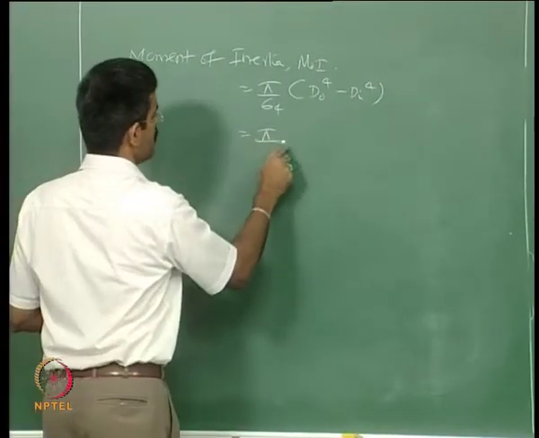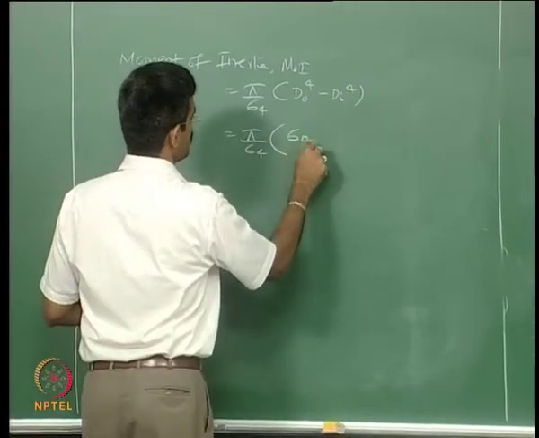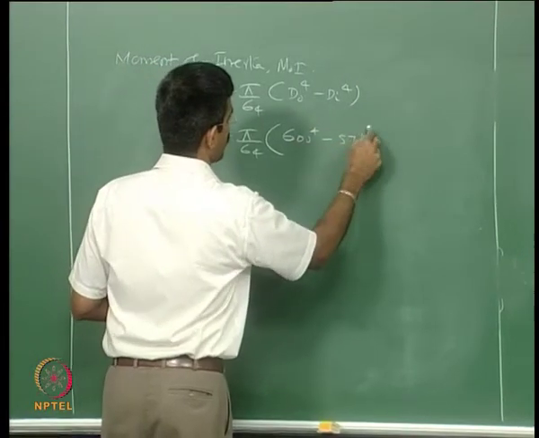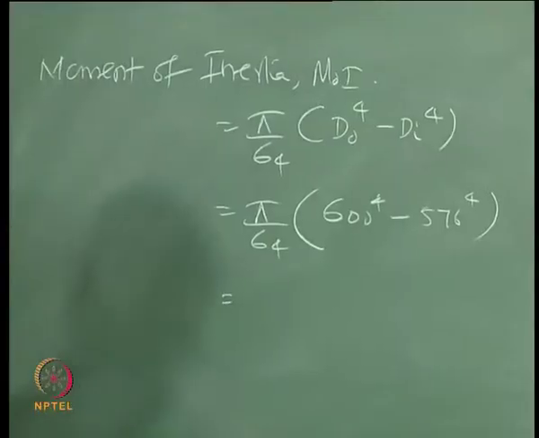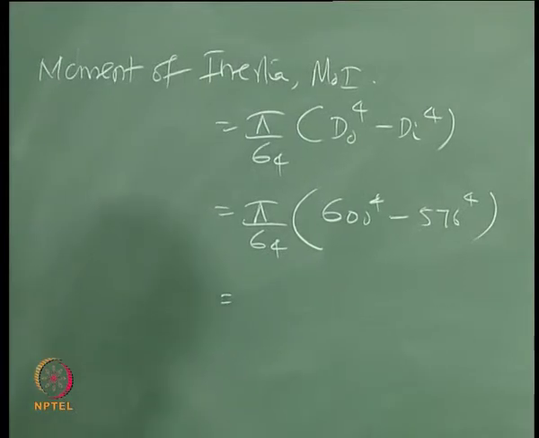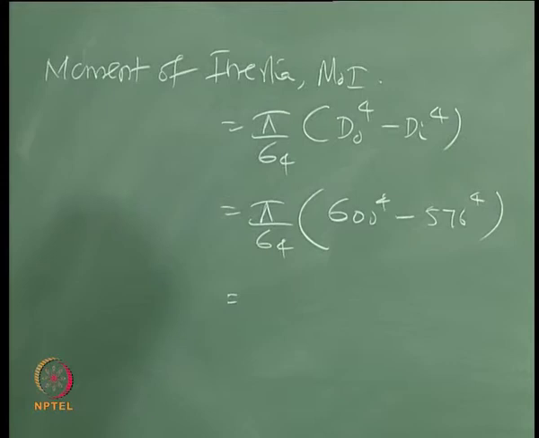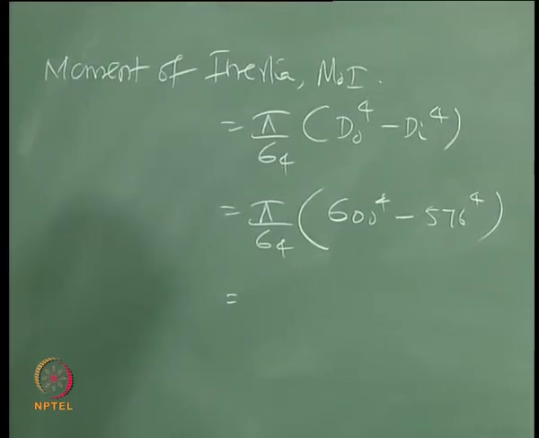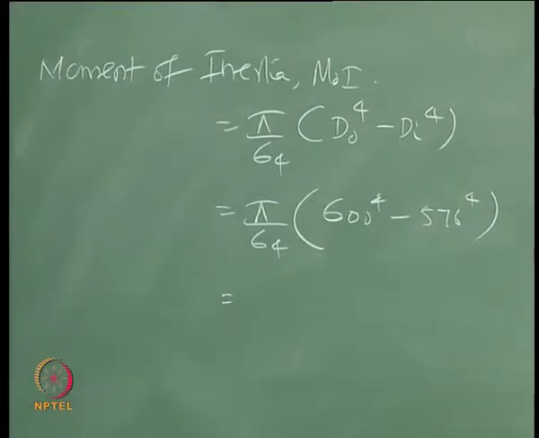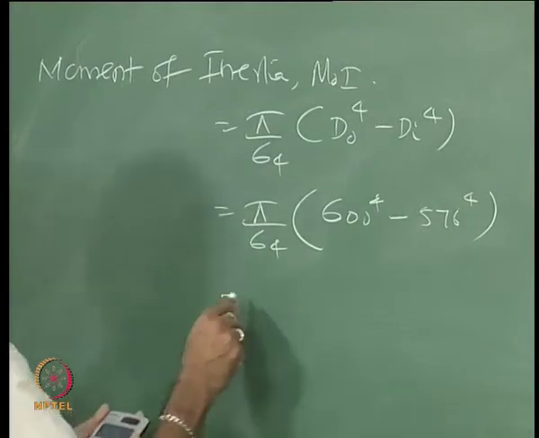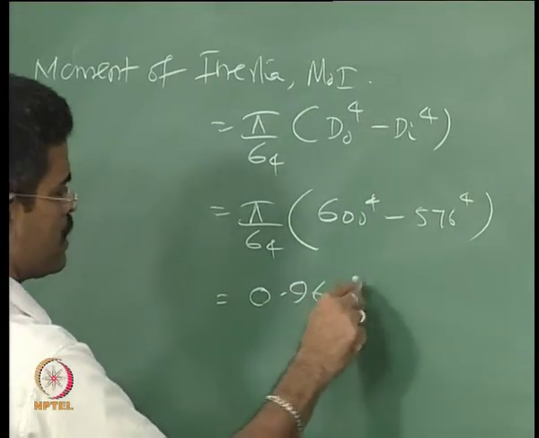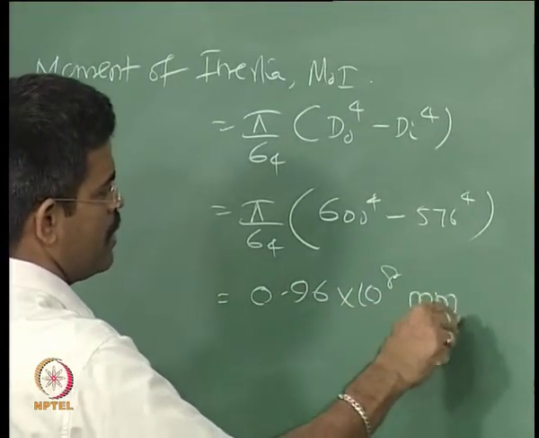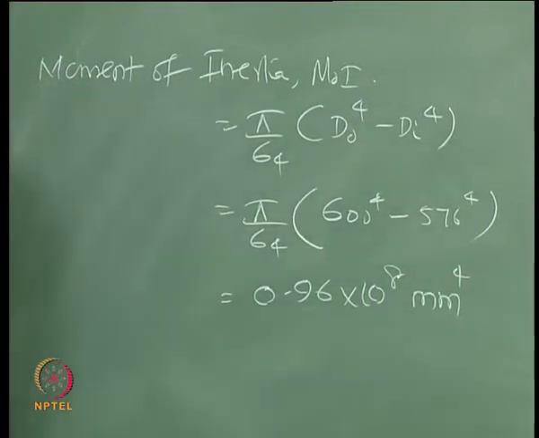So in my case pi by 64, 600 power 4 minus 576 power 4, which is 0.96 into 10 power 8 mm to the power 4.